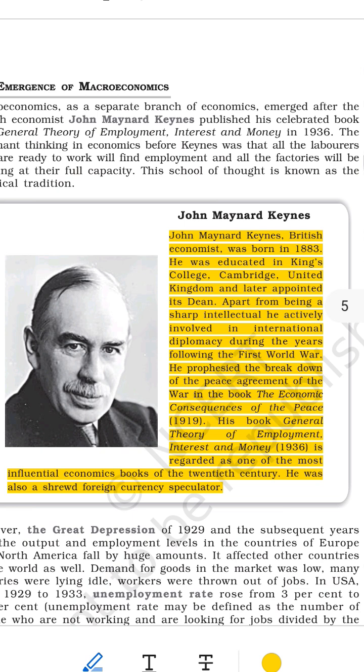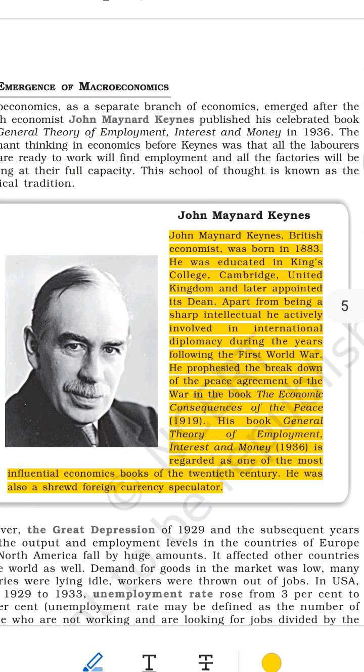Line 5. His book, The General Theory of Employment, Interest and Money, 1936, is regarded as one of the most influential economics books of the 20th century. In 1936, he wrote this very famous book. This book changed how the world thought about economics. Before Keynes, people thought the economy would fix itself.